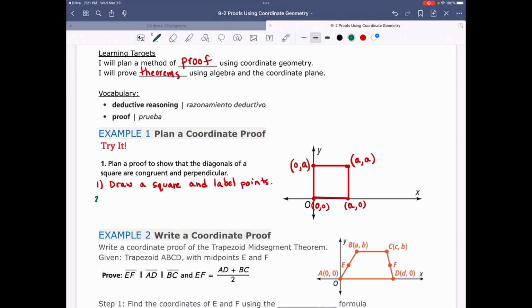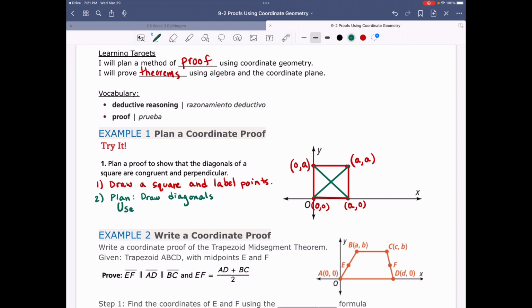So step 2, our plan is to draw the diagonals. And then we have to prove that they're congruent. To find congruent, we need the distance formula to figure out the distance between them and see if that distance is equal.